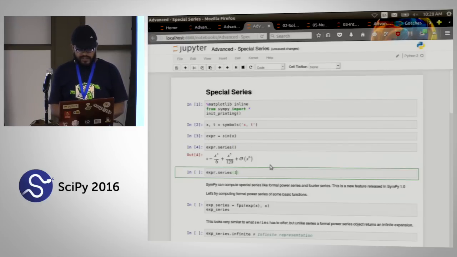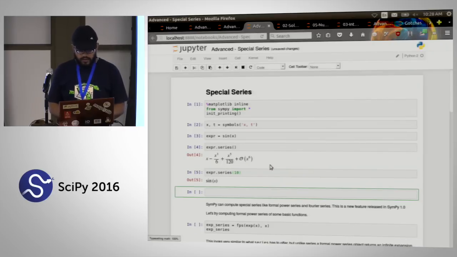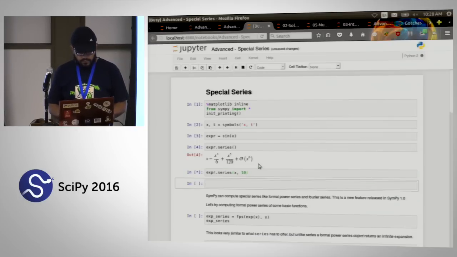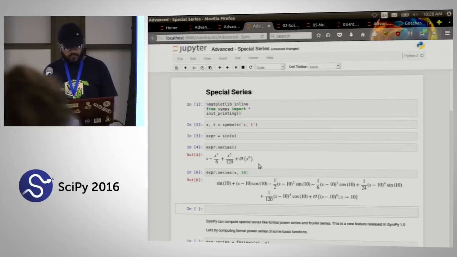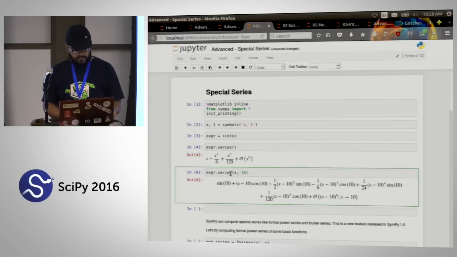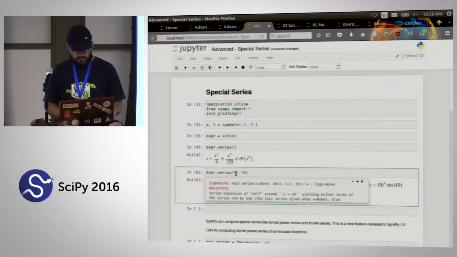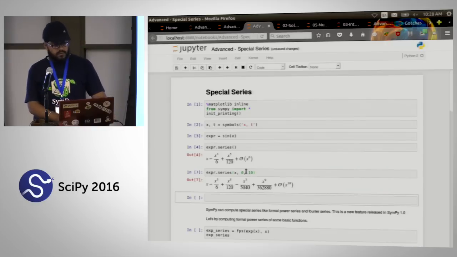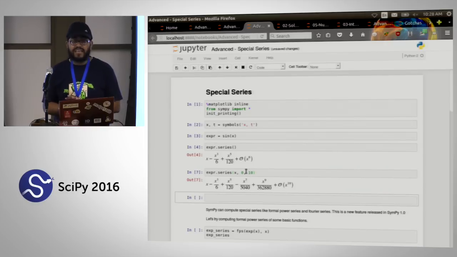Say we want the first 10 terms, so we can do that. So this is a series expansion of sin x about 0, and we get the first 10 terms.